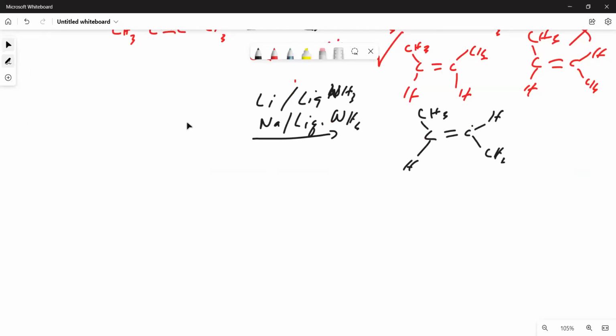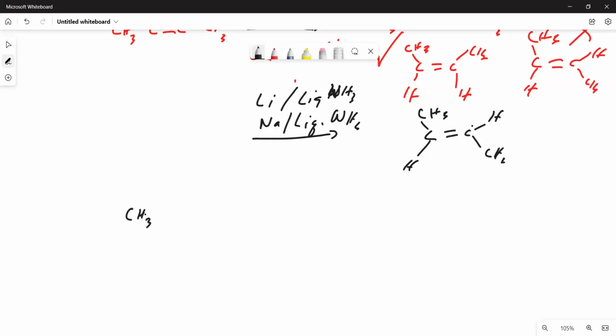So before we end this particular topic, let's see if you get some points in the reaction. Let's see if you can assist with this one. Let's say you have this alkene.